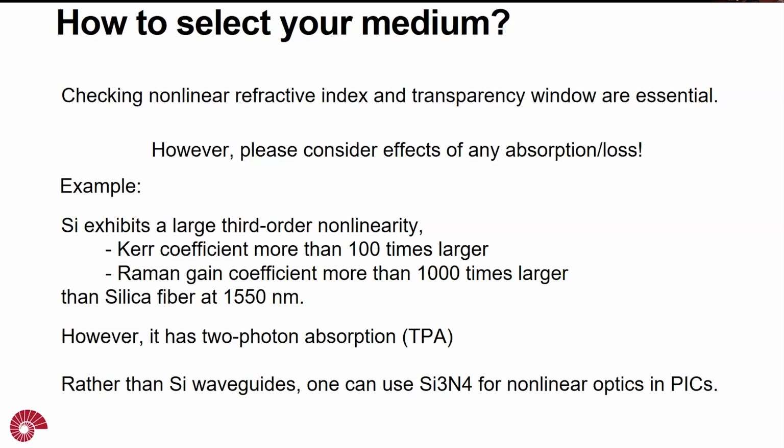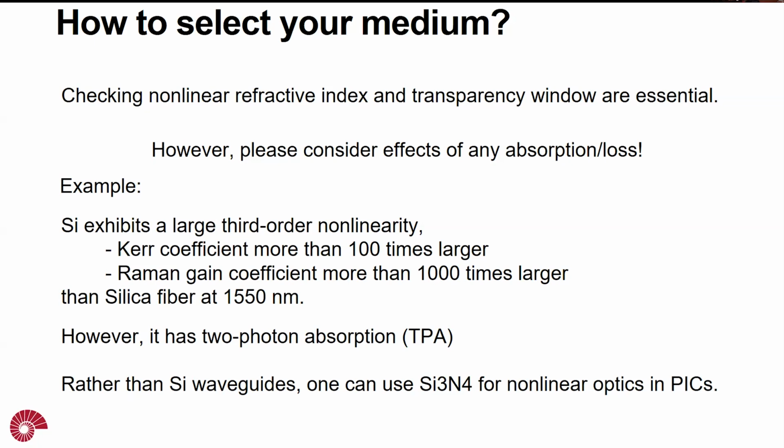So, as you can see, we have two-photon absorption in silicon. That's the reason we don't recommend using it for nonlinear optics, because when you pump light, rather than new frequency generation occurring, it gets absorbed, it creates heat, and if you don't cool it well, what will happen? You will damage the material, so you will have a burned chip, which you spent a lot of time, a lot of effort, and precious time on, right?